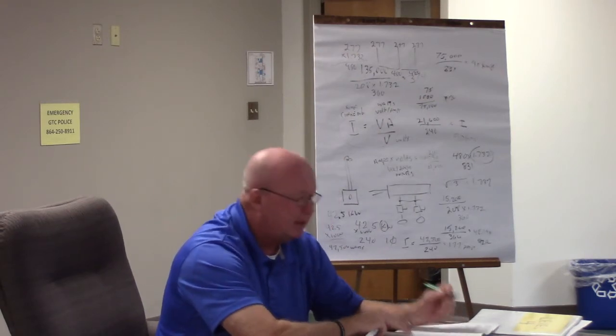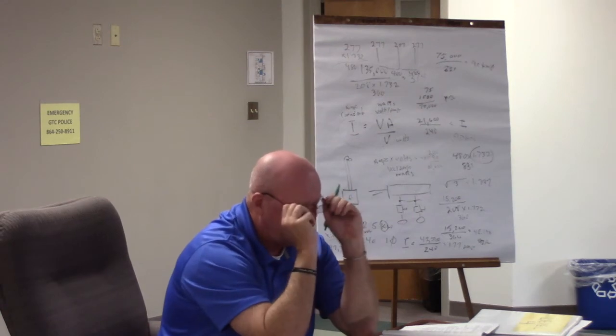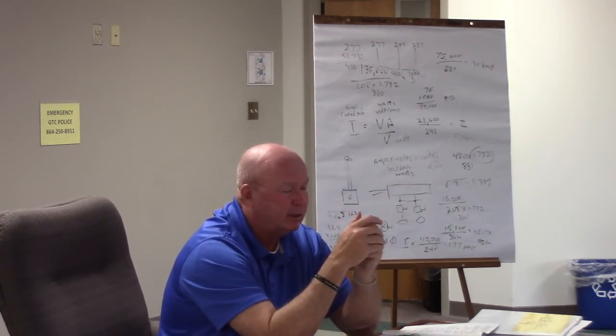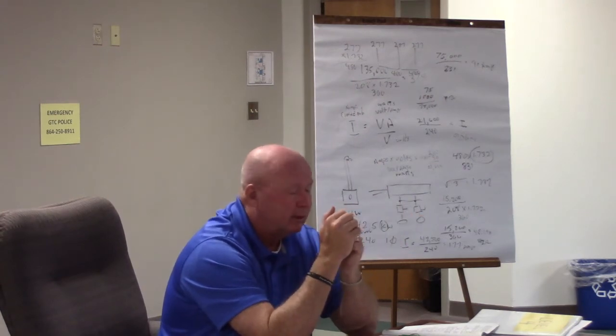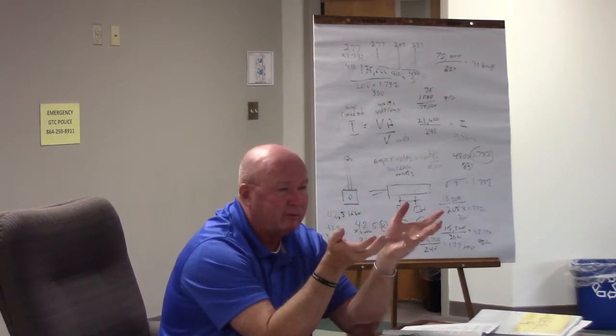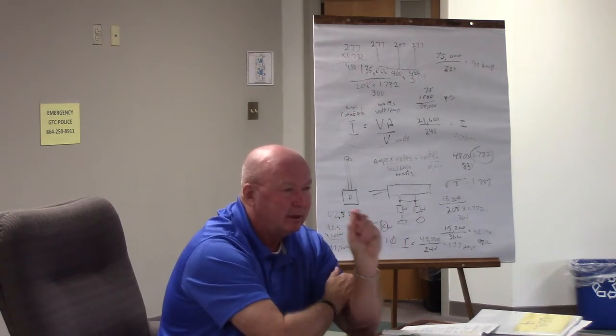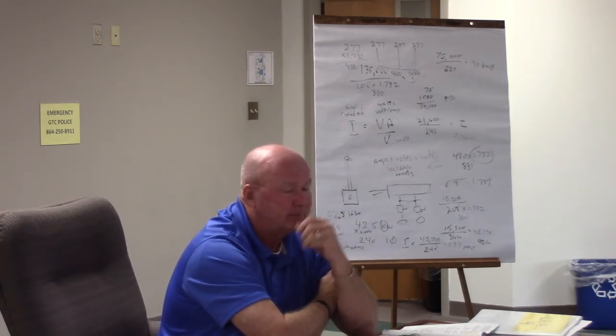Not that it matters, right? But the key thing is when you're in the field, whether it's a lug on a transformer or a mechanical lug, if you look at it closely, there should be a terminal rating on there.